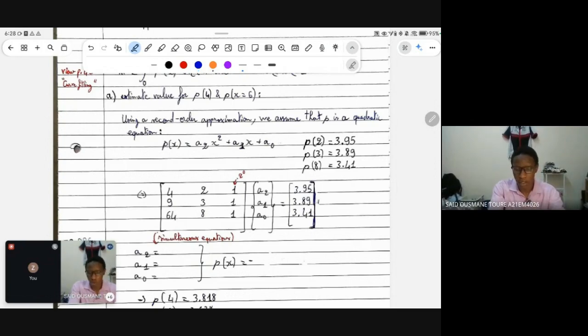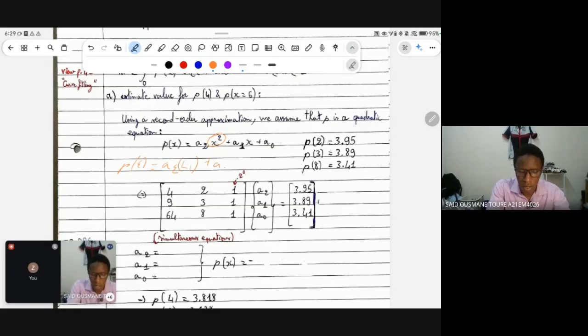this row to right. So row for x equal to x squared equals how much? So you will have row 2 equals to a2, 2 squared equals to 4, right?